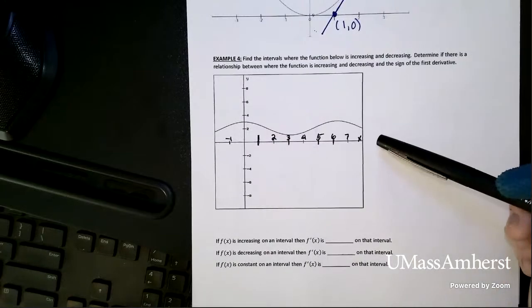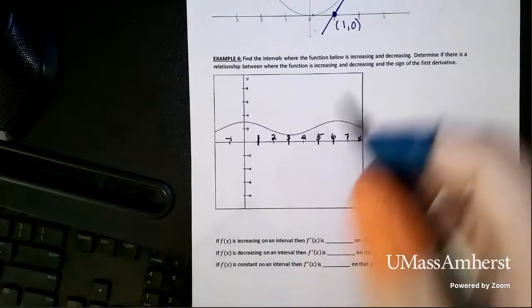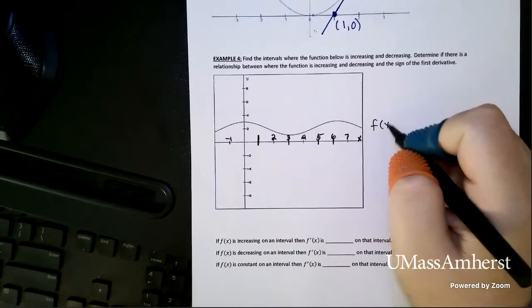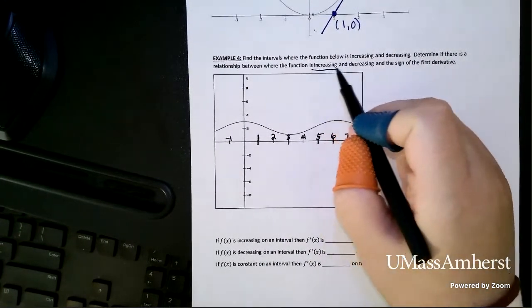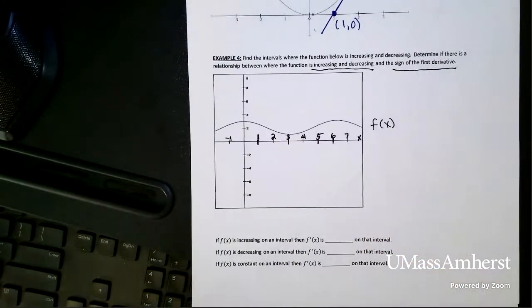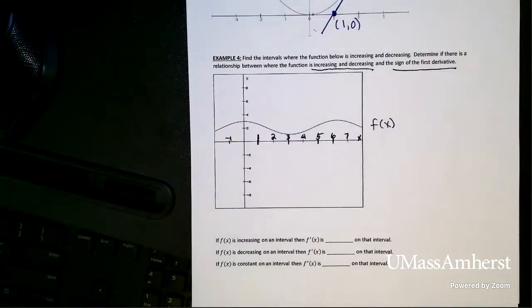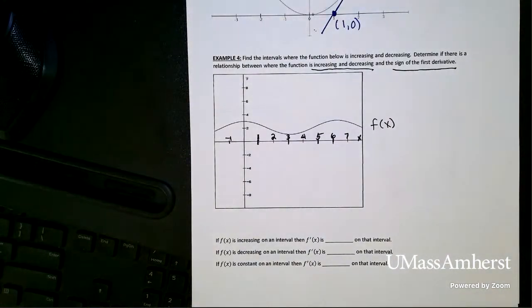Then see if you can figure out the relationship between where this f of x is increasing and decreasing and the sign of the first derivative, whether it's positive, negative, or 0. Then we'll go through it together.